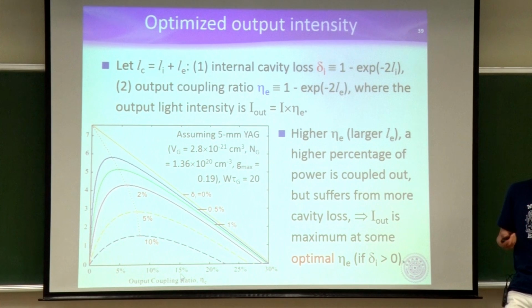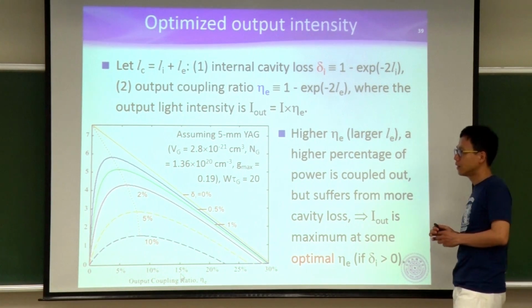It's good. So you get brighter output intensity, but meanwhile, the optimal output coupling ratio is slightly reduced. It's different. So each curve in this figure shows the relation obtained at a different internal cavity loss.